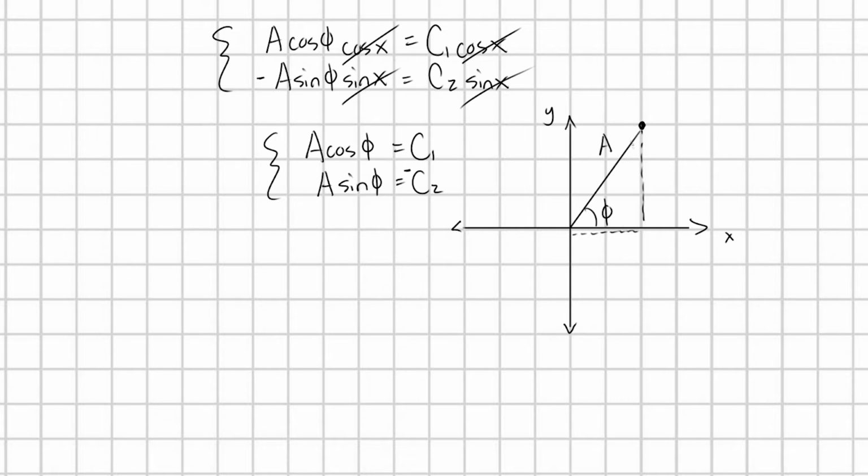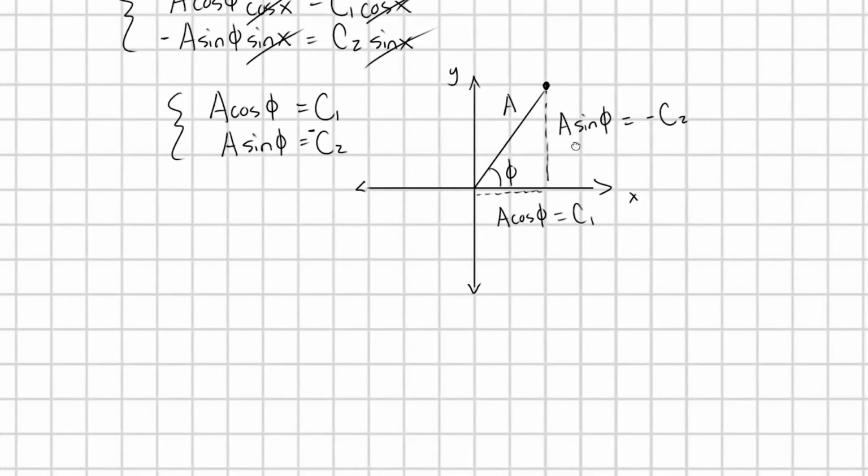And of course, if I asked you for the vertical component, we could just say immediately, oh yeah, trigonometry, this is a sine phi, and this horizontal component down here is just a times cosine phi. Great. But look, what did these equations tell us? They tell us that a sine phi is equal to minus c2. And they tell us that a cosine phi is equal to c1.